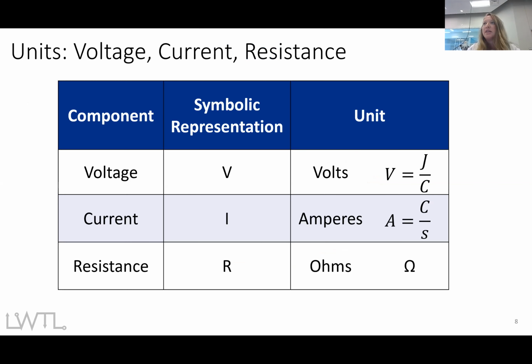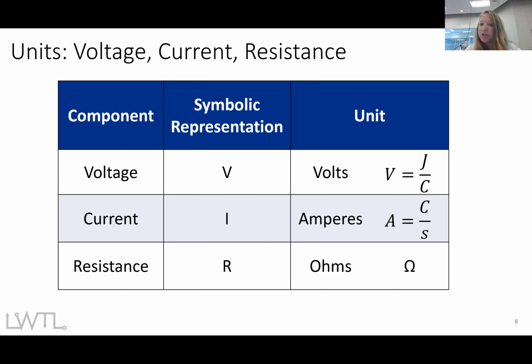So if I said 15 chickens, my unit there is chickens. If I just said 15, you wouldn't know what that was. So that unit, what is that number related to? That's what we're talking about with those components. For voltage, it's volts. For current, it's amps. For resistance, it's ohms. And then just another note that you should make sure you remember, volts can be broken down into joules per coulomb.